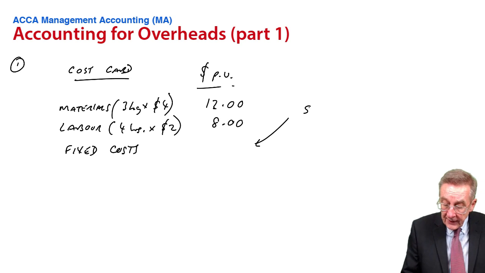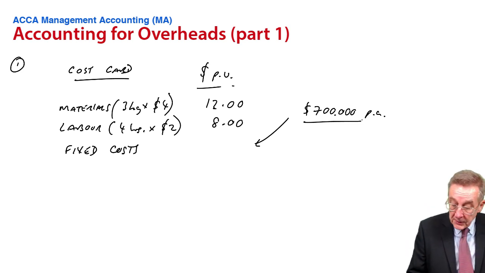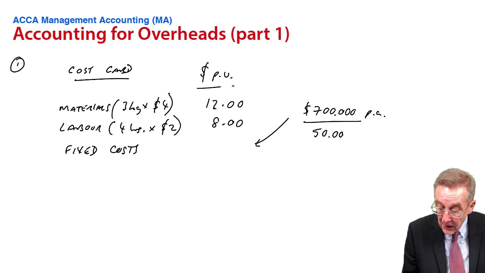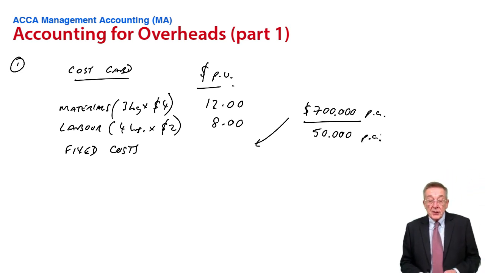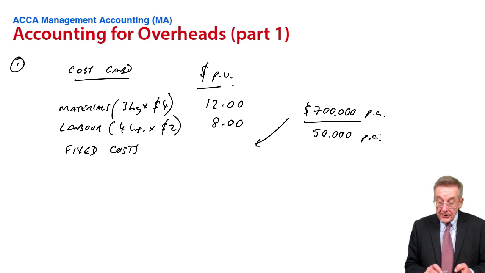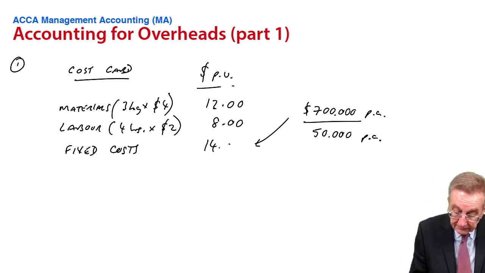The cost, 700,000 per annum, per year. That'll be the cost in order to produce 50,000 desks per year. And therefore, how much does each desk effectively cost? 700,000 over 50,000, it's 14.